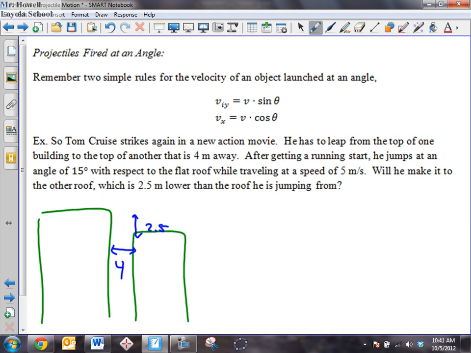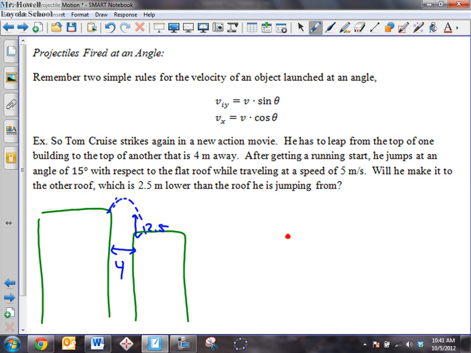Now, Tom Cruise runs. He jumps at an angle, and we hope that he makes it, or we hope that he doesn't make it, depending if we like it or not. Now, that angle that he jumps at is given as 15 degrees. He has an initial speed of 5 meters per second. So if I were to actually draw this diagram now with just a model, remember we talked about modeling, here's what I see.